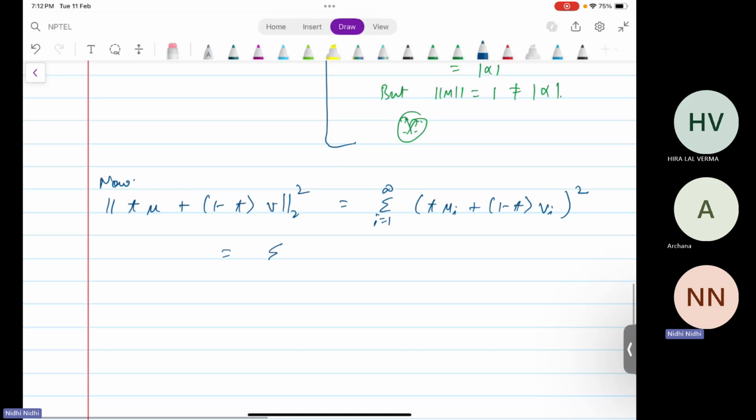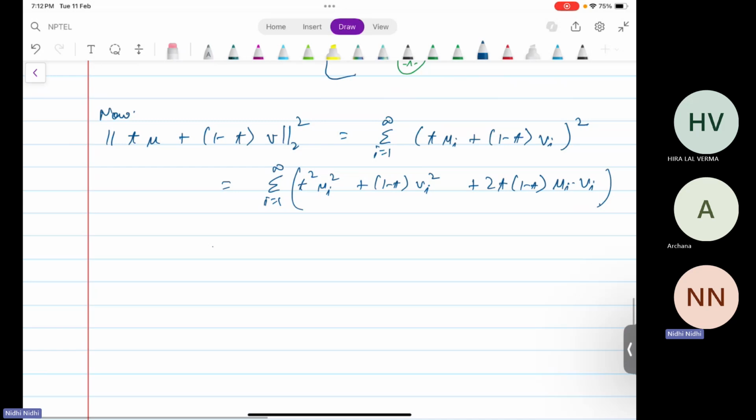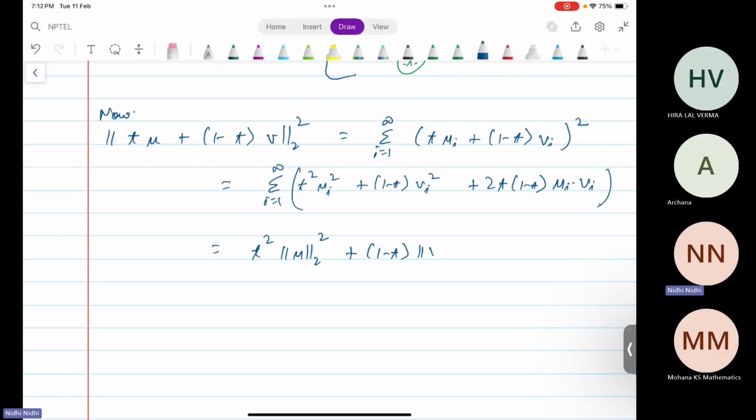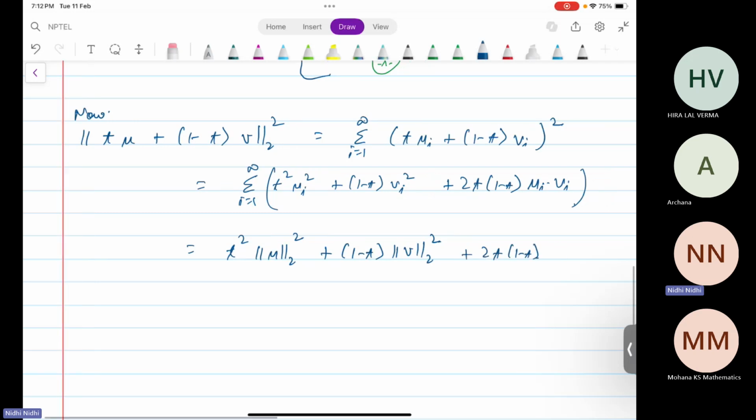Now this is equal to summation i from 1 to infinity of t squared u_i squared plus (1 minus t) squared v_i squared plus 2t(1 minus t) u_i v_i. So we can just split this sum. Let's write it in the next step. This is equal to t squared times the L2 norm of u squared plus (1 minus t) squared times the L2 norm of v squared plus 2t(1 minus t) times the inner product of u and v.